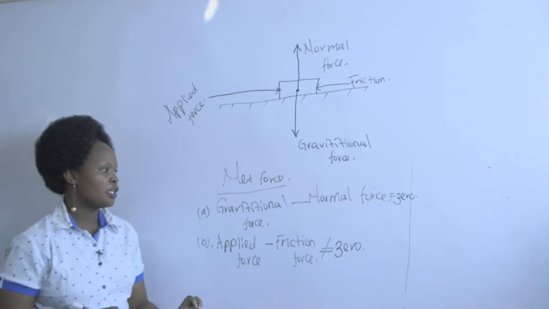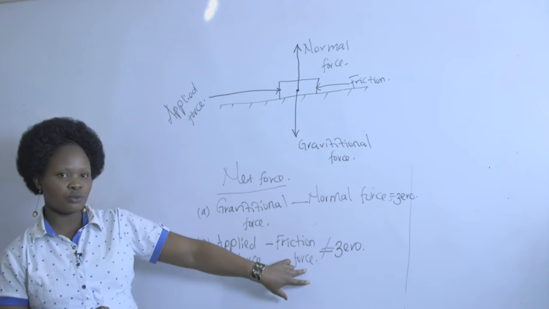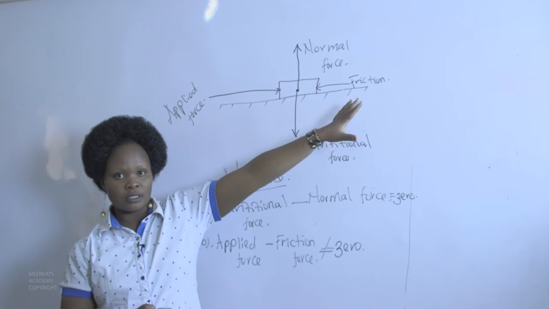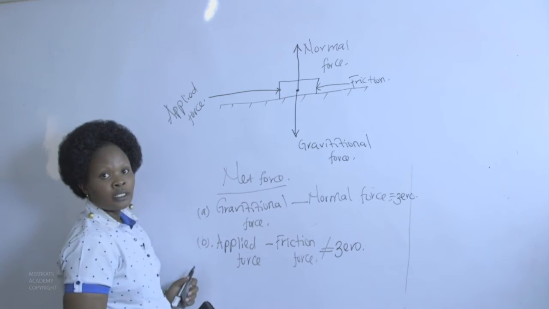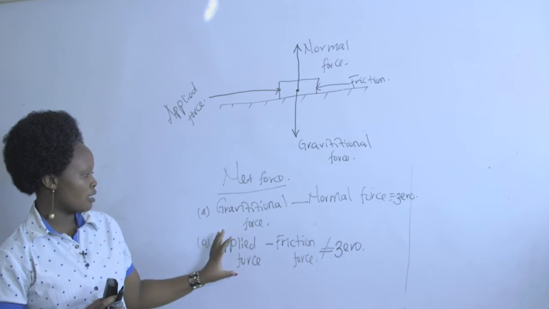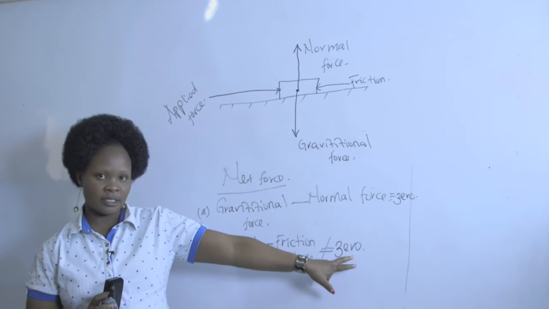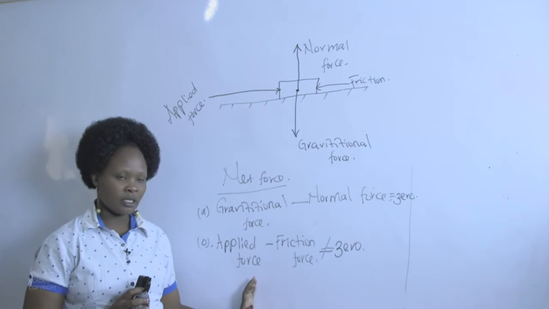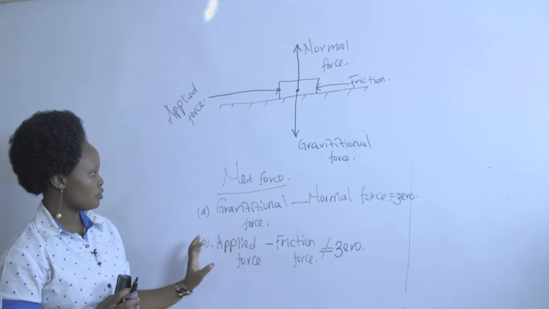It is this net force, the difference between the two, that is going to accelerate our box towards the right direction. Once you subtract the applied force minus the friction force, the resultant force, which is not 0, is the one that propels our box towards the right direction.